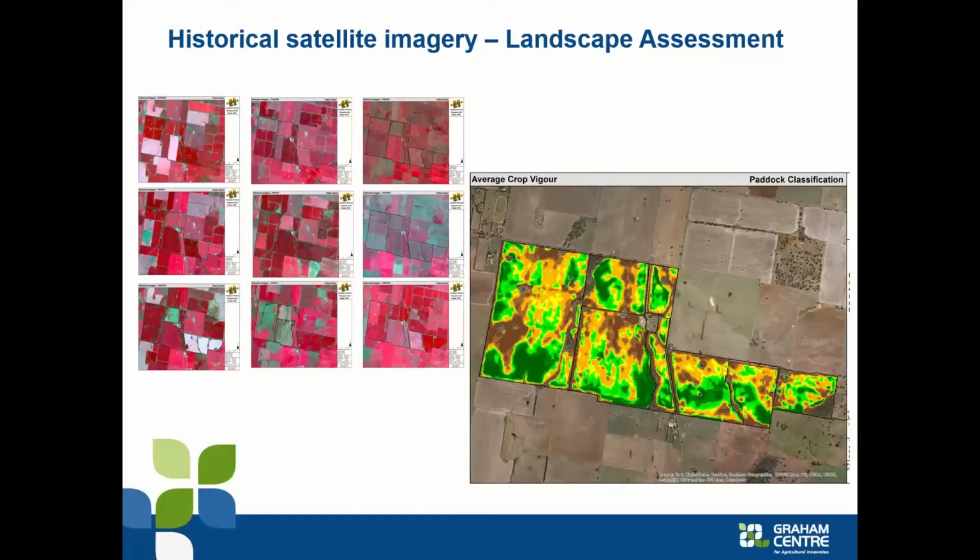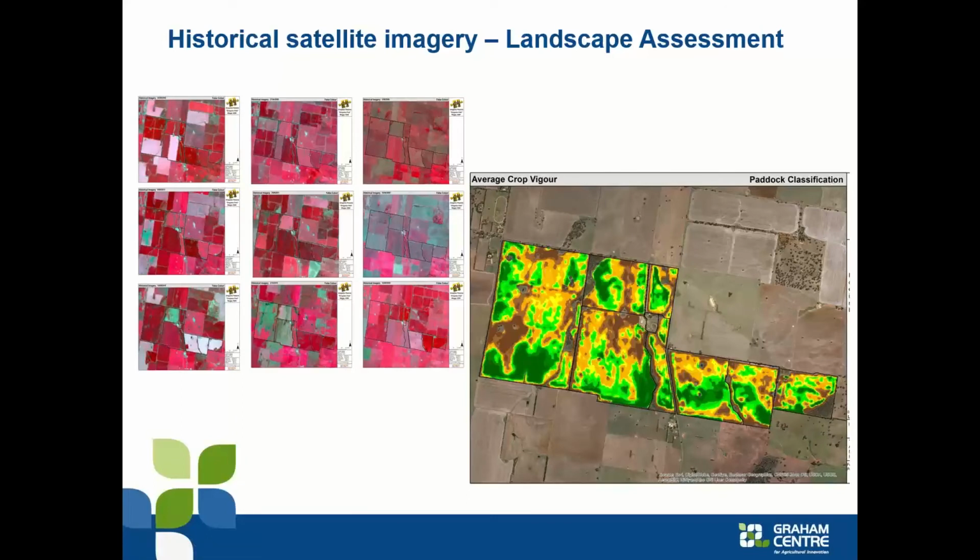For anyone who's got the software who can process it, you can download, in this case, the last 9 years worth of imagery for a farm, generate a vigor index for each of those years, stack them up, and then generate a nice overall average picture, which shows that on average, the crop vigor, and this is just a biomass measurement, not a crop yield assessment, but it tells us that these green areas on average have a higher biomass than these brown areas.